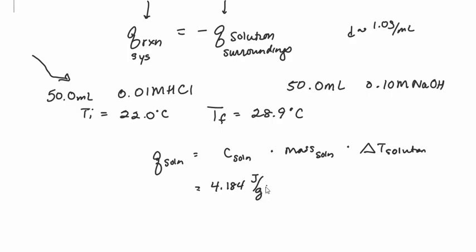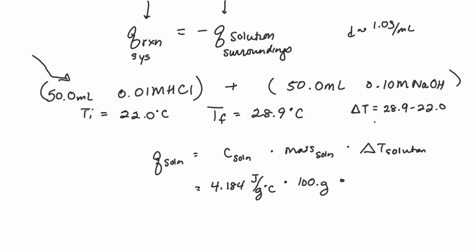Now the solution is when we add these two items together. So it's 100 grams for my solution. And then we multiply that by the change in temperature. Now the delta T of the solution is going to be 28.9 minus 22.0. So the delta T here is 6.9 degrees Celsius.